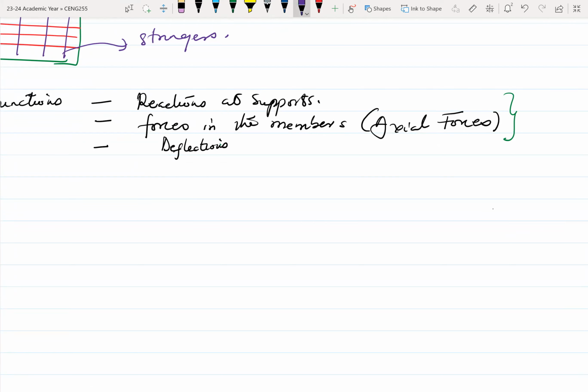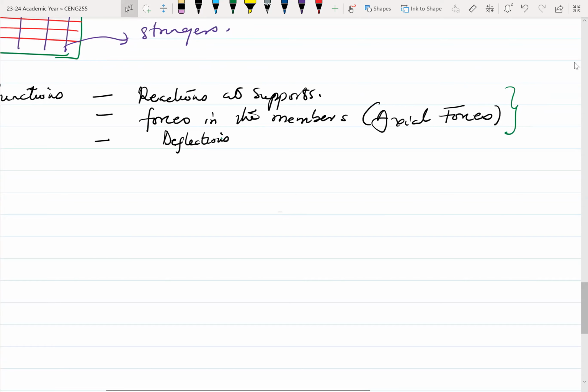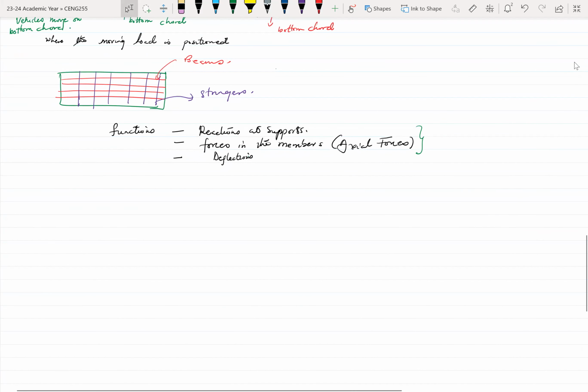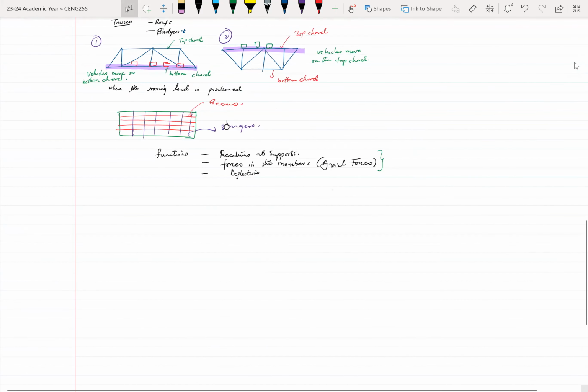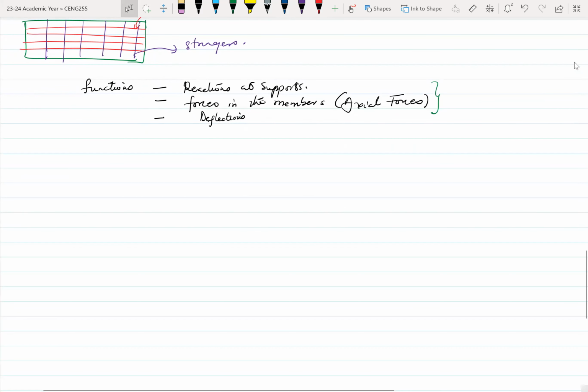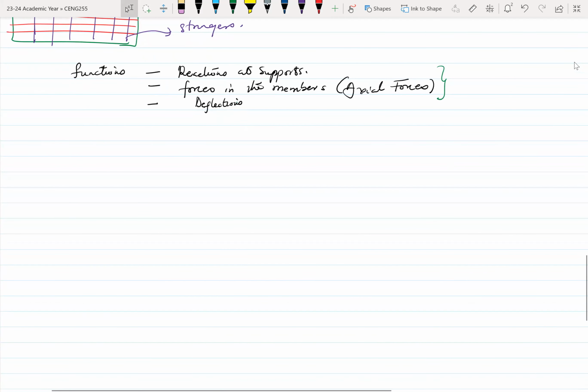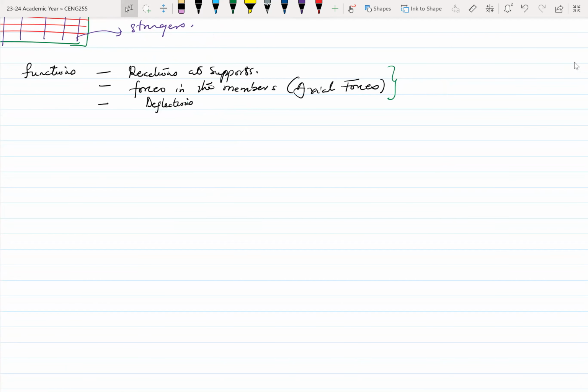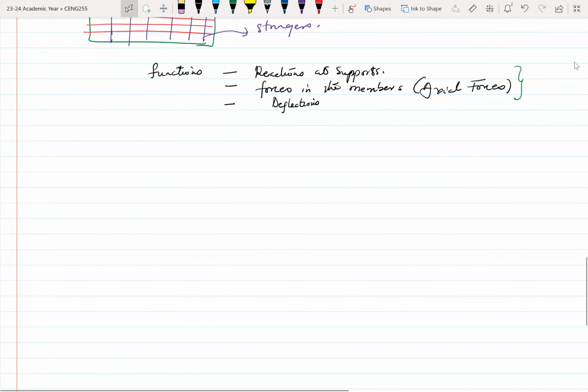All right. So let's look at how typically a truss system is understood to work. Let's say we have some truss.